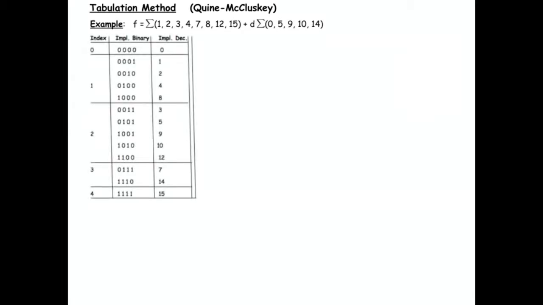So now we're going to try to find all of the prime implicants so that we can simplify this function, but we're going to do that without a K-map, right? We're going to use this table method, right? So we start with this weird looking table where we have a row for each of these 16 squares, right?